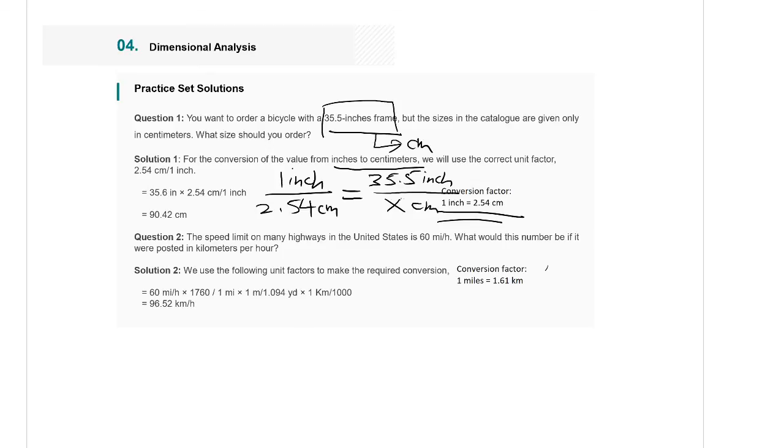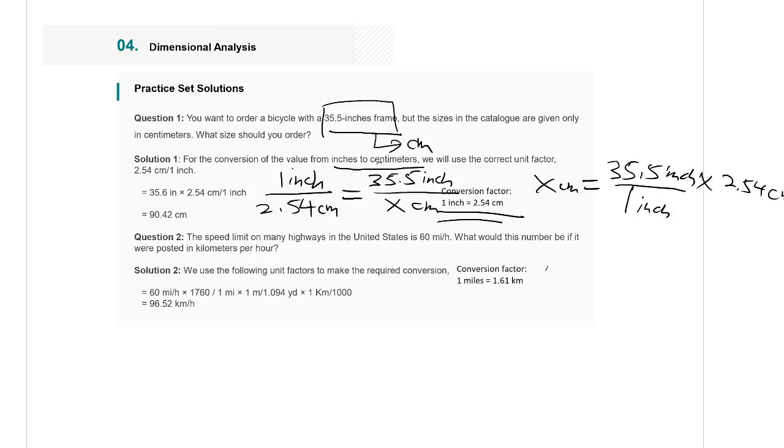So we are going to rearrange this equation. Because we move the x over here, and 1 inch over here, we get 35.5 inches multiplied by 2.54 centimeters over 1 inch.